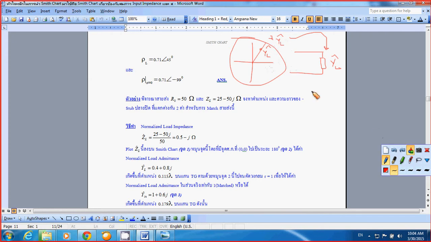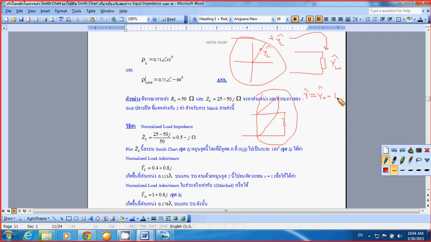And then you also have, since you want your whole system here, when you have the new transmission line connected to the system, you want your Y at this point to be equal to the normalized characteristic admittance, which is equal to 1, correct?